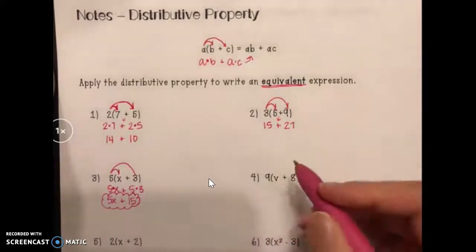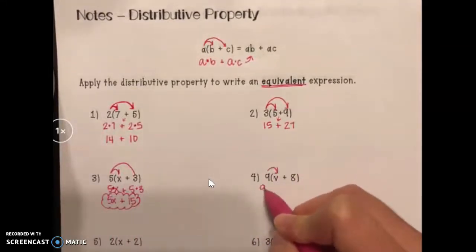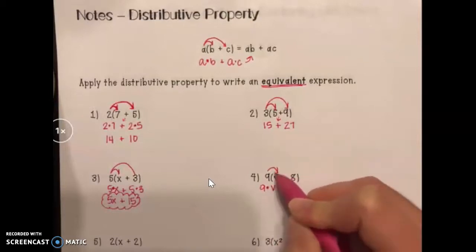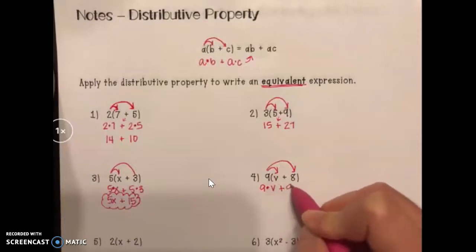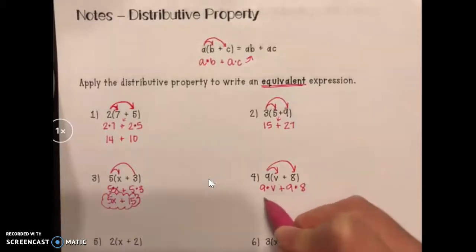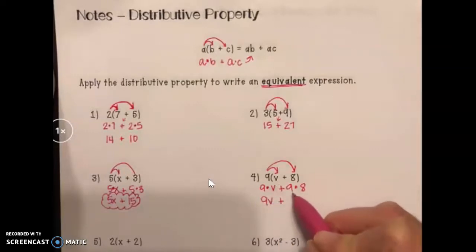Let's go over to number 4. All right, so let's distribute. We need to do 9 times v, and 9 times 8. So 9v, because we're still multiplying. 9 times 8 we can solve, and that would be 72.